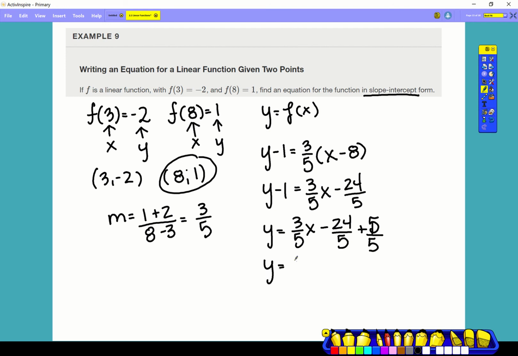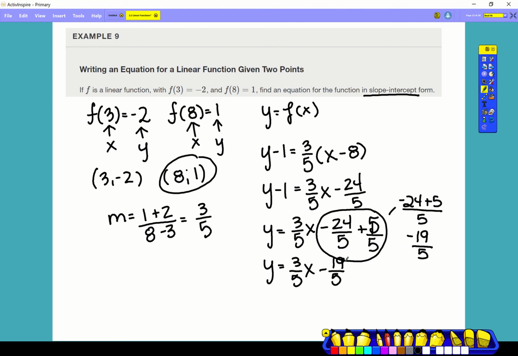So now we have y equals 3/5x, and we can combine these into -24 plus 5/5. That gives us -19/5. And there is your equation.